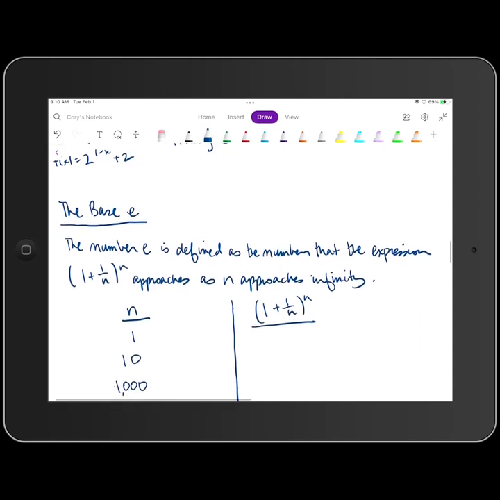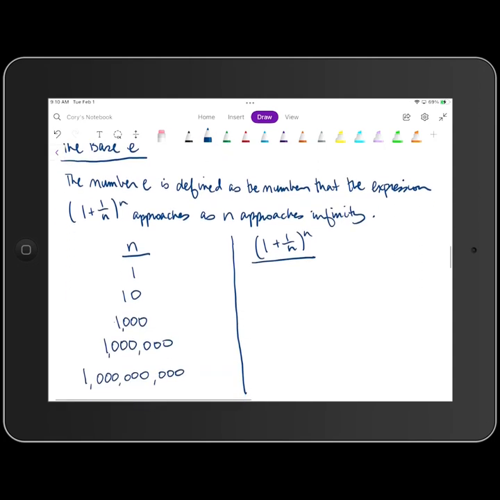Okay, so what we want to do is find an approximate numeric value for e. You guys need to get a calculator out to do this. And what I've done here is I've constructed a table with 2 columns.